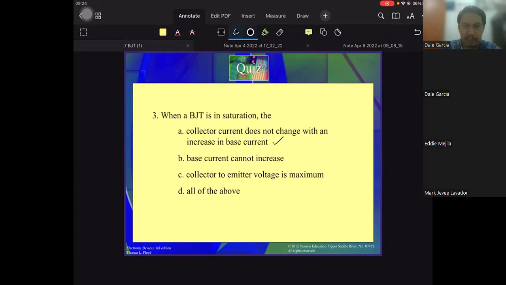No, it still increases, so B cannot be true. So it's not all of the above. Collector to emitter voltage is maximum? No, collector to emitter voltage is 0. So the answer is only A. Collector current does not change because it has achieved its maximum value.